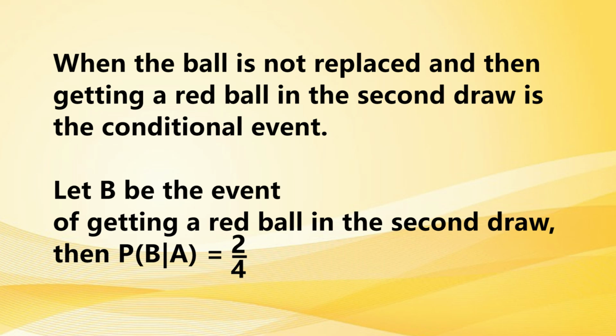Then, probability of B given A is 2 by 4. Then the probability of getting red ball in both the draws when the ball first drawn is not replaced to the box before the second draw is made is computed using the multiplication theorem for dependent events.